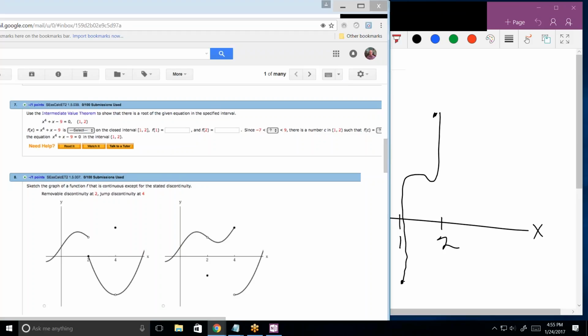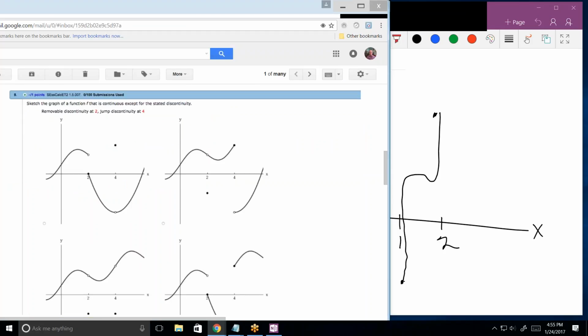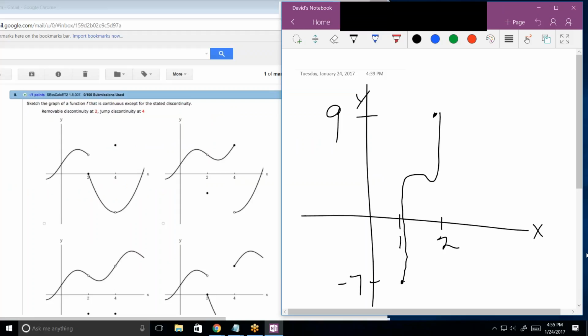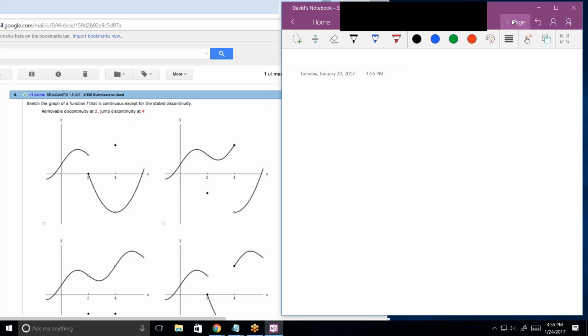Now, these are actually easier, the graphs. They want you to draw this first graph so that it's continuous.